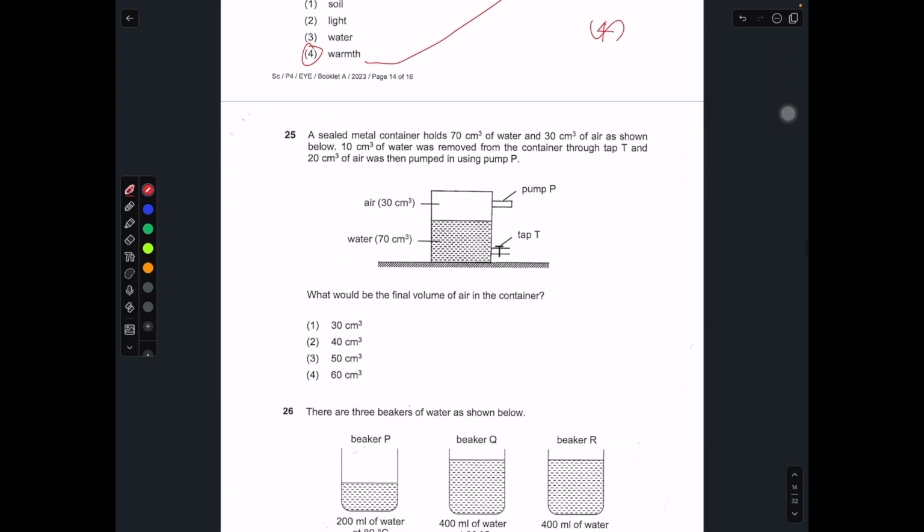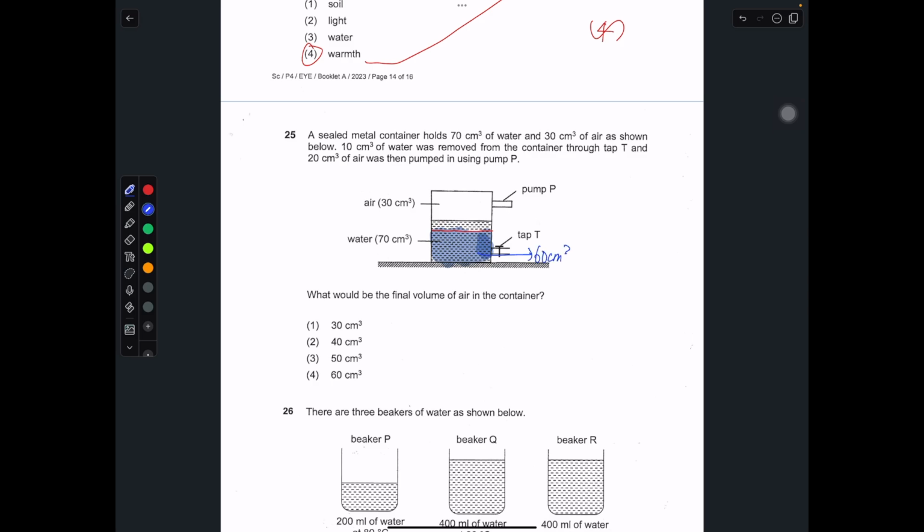Okay, a sealed metal container holds 70 centimeter cube of water and 30 centimeter cube of air. It's being labeled. Below, 10 cm cube of water is being removed. So you remove 10. This part will become, let me use another color, 60 centimeter cube.